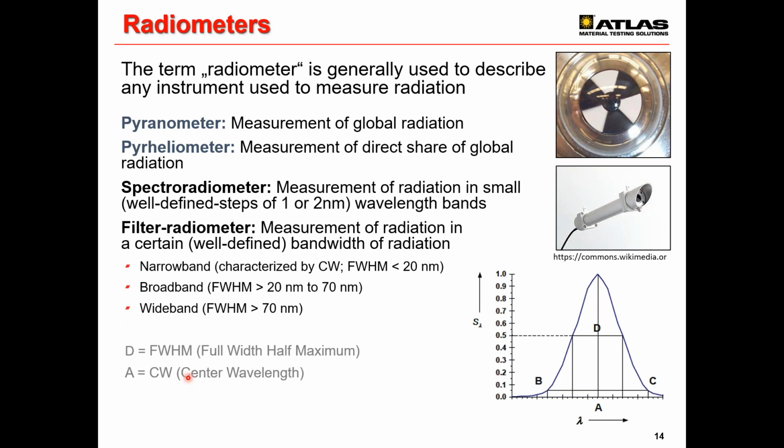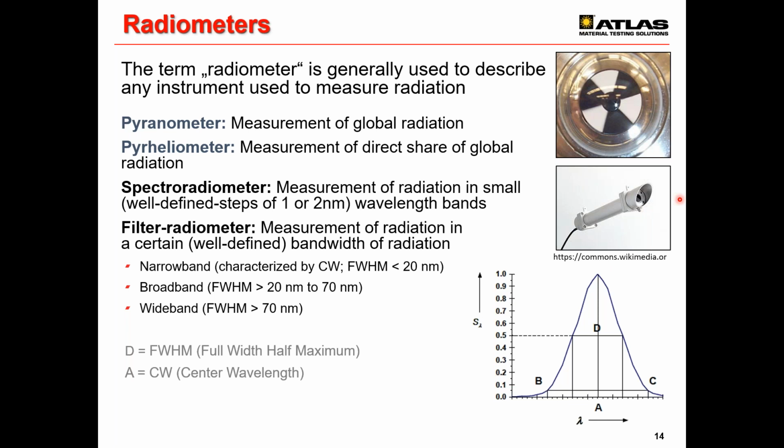Pyrheliometers are relatively similar, but they measure only the direct solar radiation, so no diffuse solar radiation. Typically it is also a similar sensor, but it's at the bottom of a tube so that only the direct solar radiation can hit the sensor. Then we have the high-end instruments, the spectroradiometers.